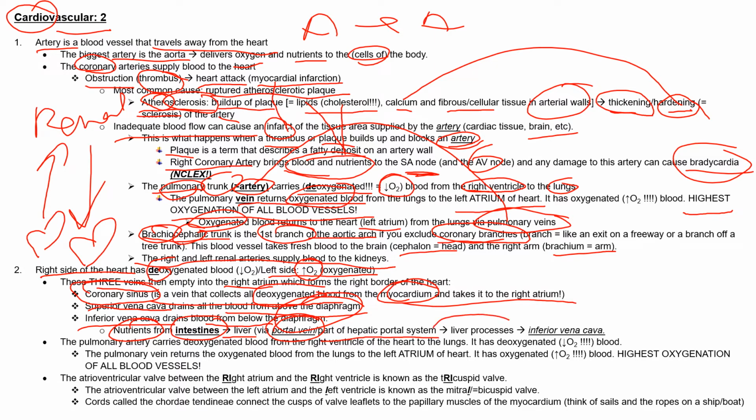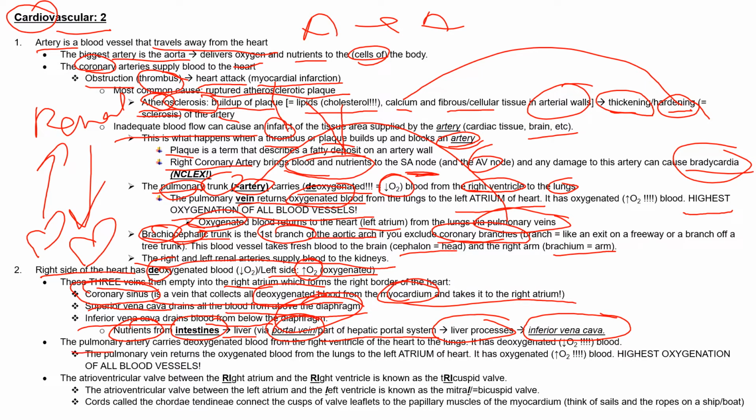And what happens in the liver is that ammonia gets processed, and then this clean blood, after the liver is finished processing essentially the dirt, gets dumped into the inferior vena cava and goes back to the heart.